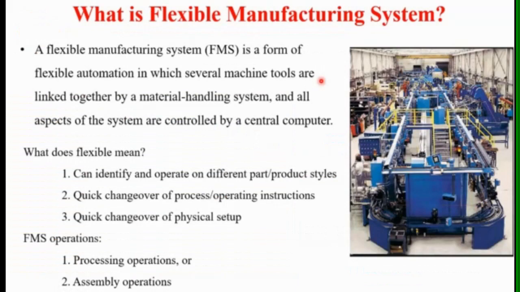A flexible manufacturing system is a form of flexible automation in which several machine tools are linked together by a material handling system, and all aspects of the system are controlled by a central computer. This is an example we can see here, where all the material handling equipment is linked together and controlled by a computer system.